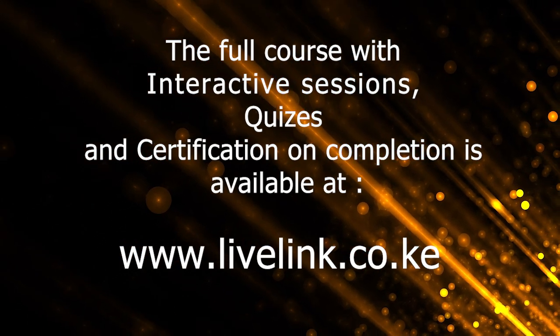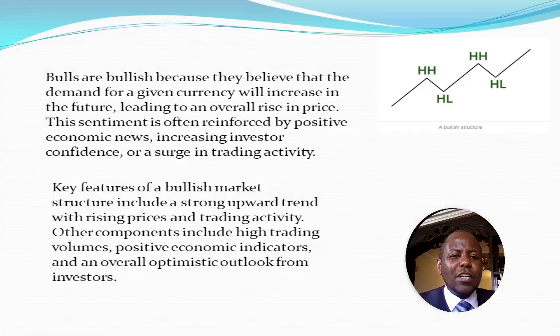Key features of a bullish market structure include a strong upward trend with rising prices and trading activity. Other components include high trading volumes. That's something else that comes. Positive economic indicators, and an overall optimistic outlook from investors.